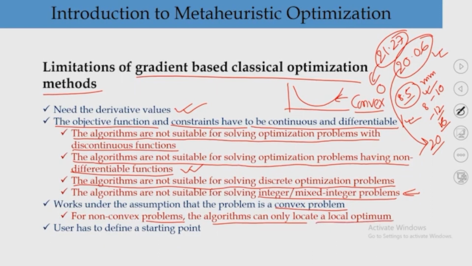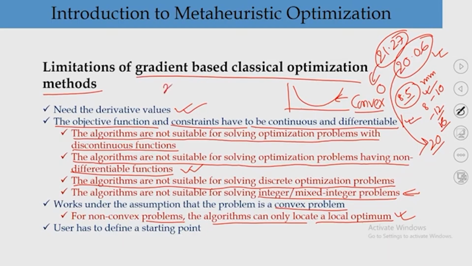As I said, you can apply these algorithms on a non-convex problem, but in that case you will get a local optimal solution. You can apply them provided the function is continuous and differentiable, and you will get a local optimal solution of the problem. Now, the question is how to get the global optimal solution? You can use these algorithms, but you have to change your initial point.